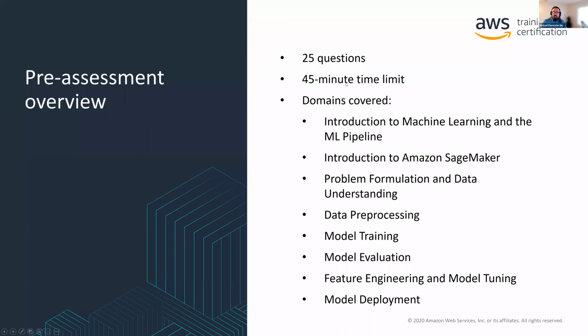So 25 questions, a 45-minute time limit, and we're going to cover everything that we're going to cover. This is a pre-assessment to show you where you're super strong and where you're potentially weak. Be aware that very few of these questions are from Amazon's perspective, but most of these are really clean cut, as far as why this answer versus another answer.